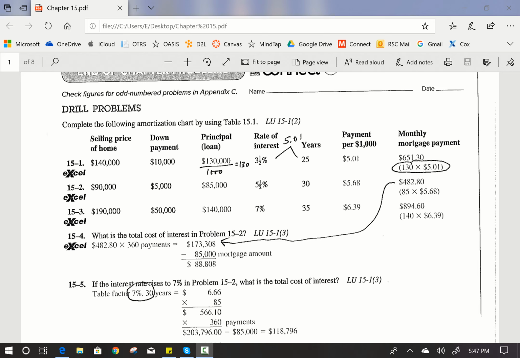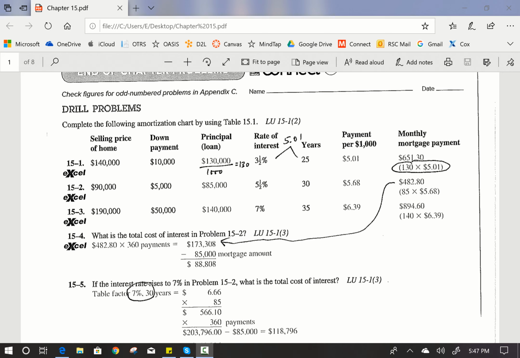Okay, we have a home that costs $140,000 and we're going to make a $10,000 down payment. That's really not enough of a down payment these days. We would need a 20% down payment based upon the legal standards of today's 2019, and 20% of that would be $28,000.